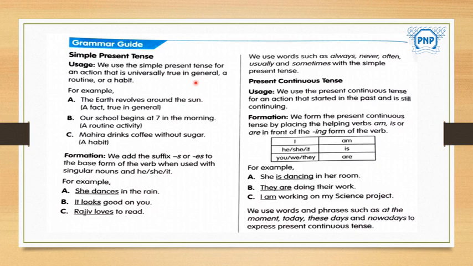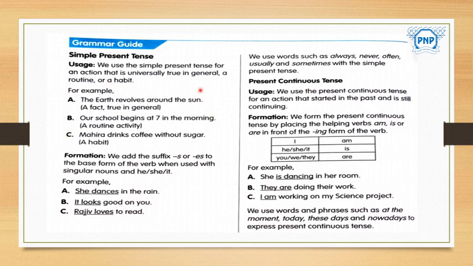Okay, they are like universal truth. A routine like sunrise, sunset, these things are routine, and they are universal truth as well. Like in America also there is sunrise and sunset, so here also in India. Or any habit, like I drink a coffee in the morning. Okay, I drink a coffee in the morning, so it's like my habit.